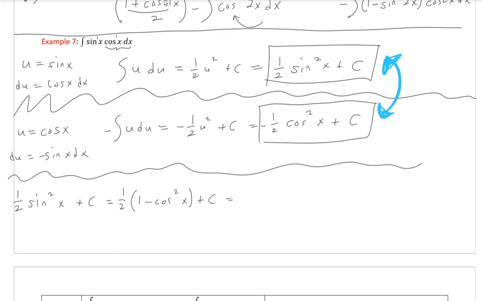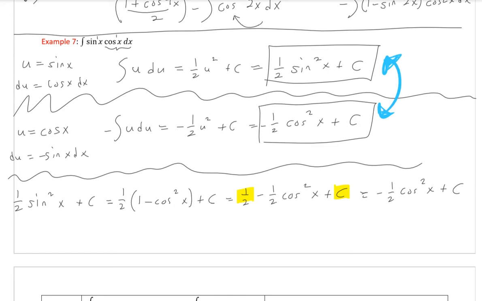If I distribute it out, that gives me 1/2 minus 1/2 cosine squared x plus c. And this 1/2 is a constant term, so it can combine with the constant term of c to make another arbitrary constant. So I get overall negative 1/2 cosine squared x plus c.